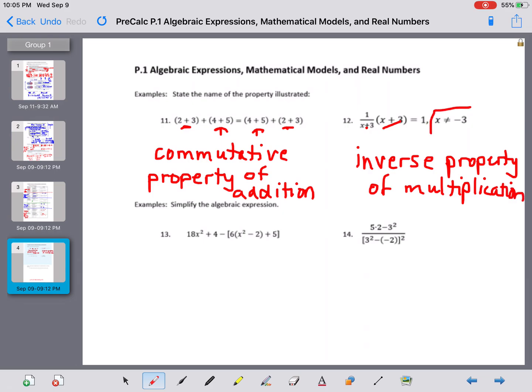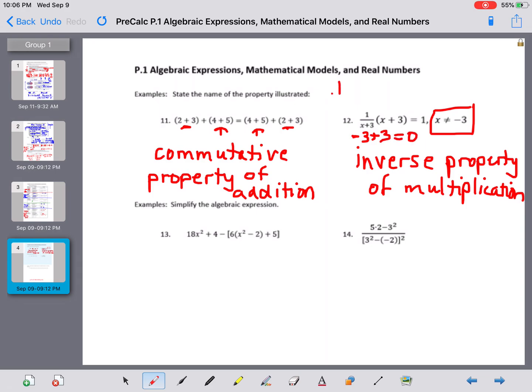Okay, quick side note. Why did they bother to tell us x cannot equal negative 3? What does that have to do with anything here? And I will warn you, this is something we have to be a little bit more careful with, and try to make sure we state when we're working here in pre-calculus. If x was negative 3, and I plug it in down here, negative 3 plus 3 would give me a 0.